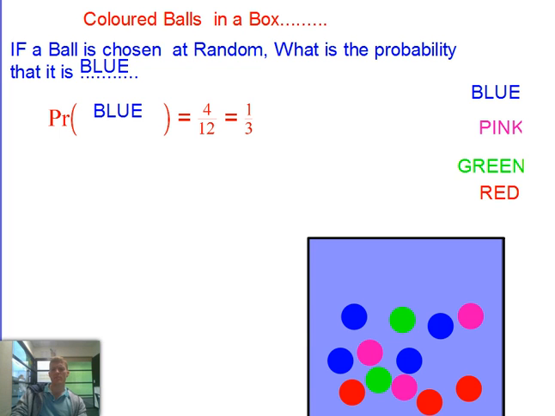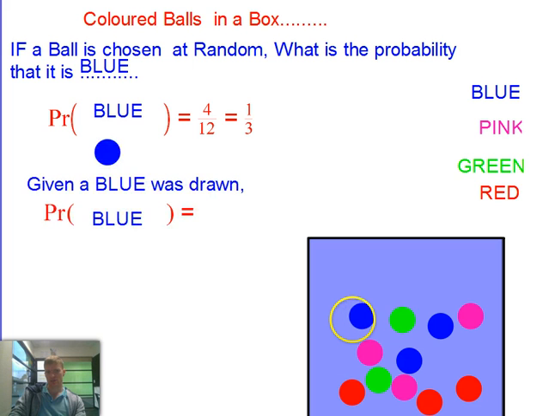Okay, what about if we think of it like this? Let's say we draw a blue ball out first. Now, given that a blue ball was drawn out first, what's the probability of drawing a blue? Well, since the blue ball has come out, let's have a look at what's left in the box. We've got 1, 2, 3 blues out of 11.